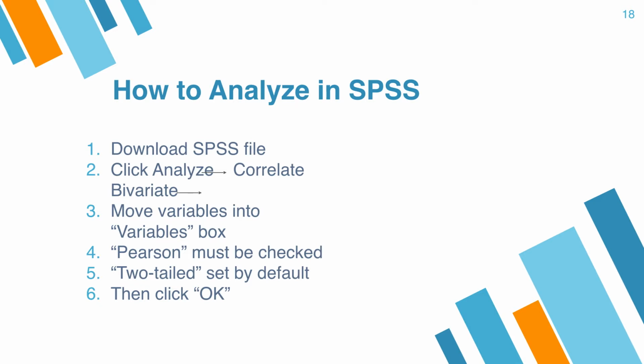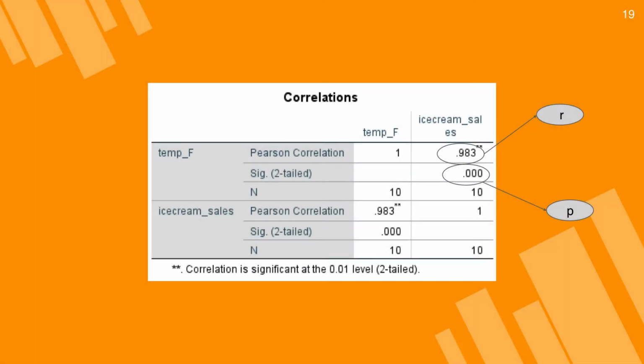You would insert your variables into the variables box, and make sure that Pearson is checked, because Pearson is the correlation that we're using and not the other ones that might be listed. A two-tailed test is set as the default for significance, so that's already done for you. Then you just click OK.